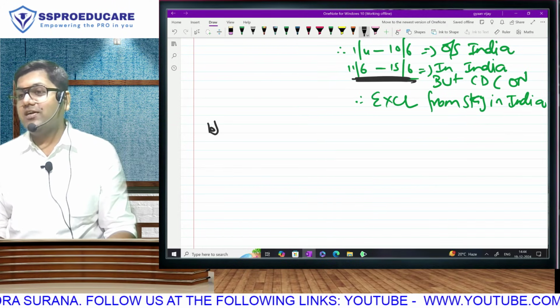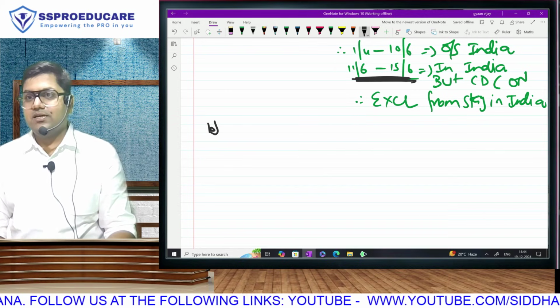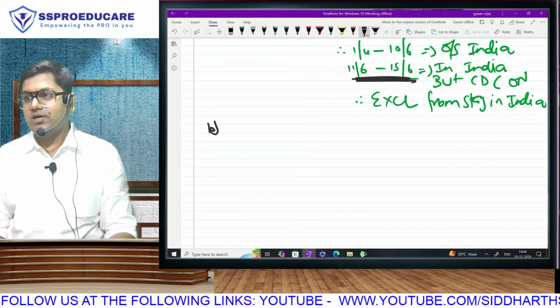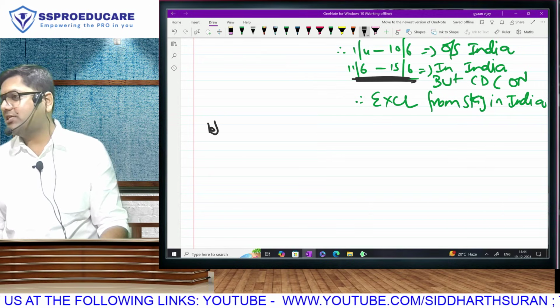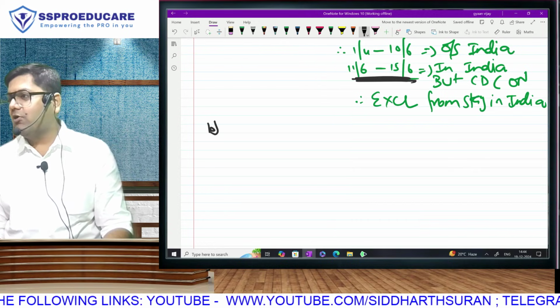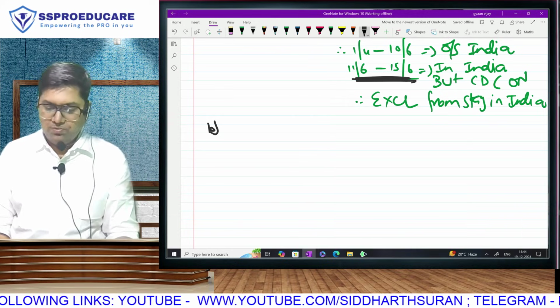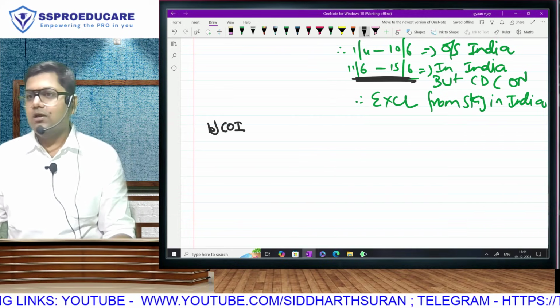So for an individual, condition 1 to become resident is 182 days. Condition 2 to become resident is 60 days, and last 4 years, 365 days. But first person to whom 6365 is not applicable: a citizen of India, living in India, going outside for employment or as a crew member. Second, a citizen of India.